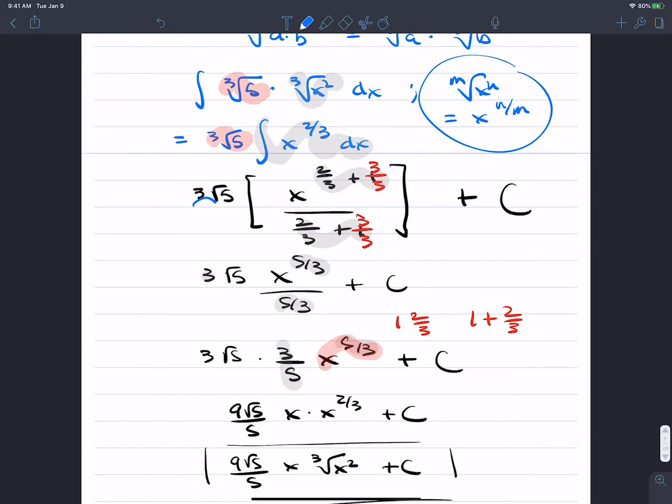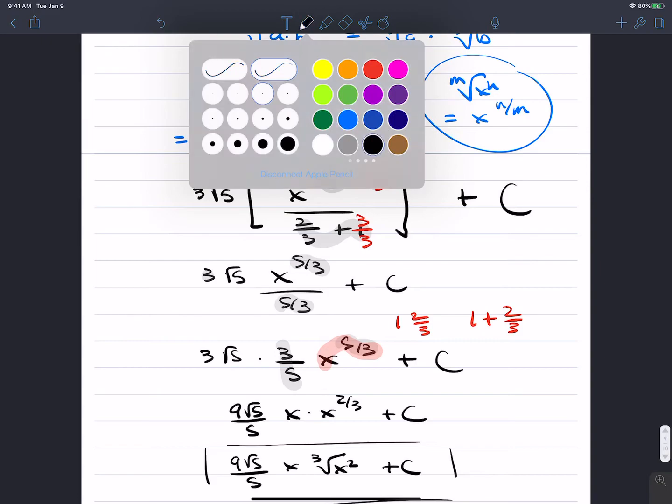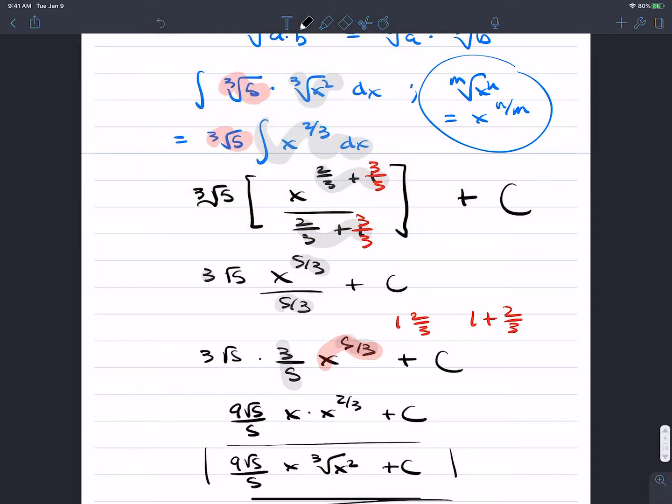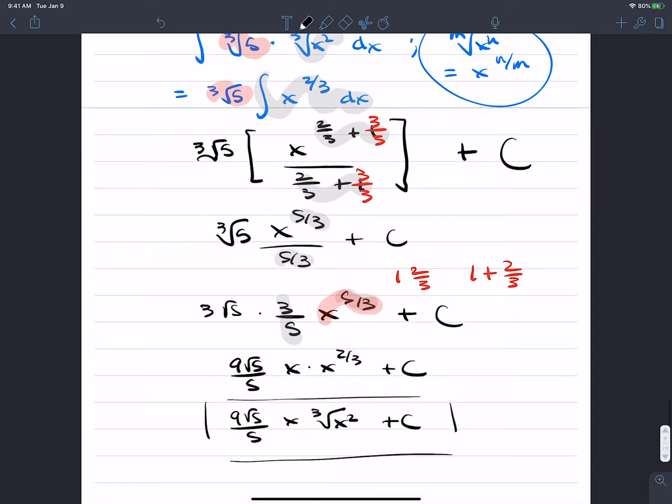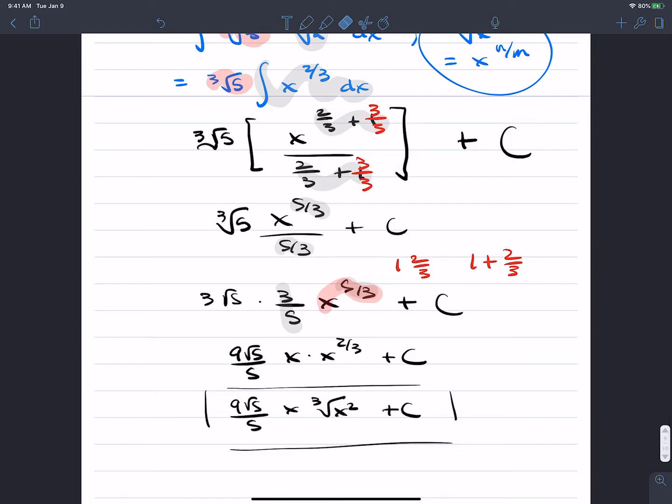That's not a 3. Good job. Sorry about that. Maybe we should erase this one. It's not a 3. It's a cube root of what? 5. Good. This is going to be a cube root of what? 5.